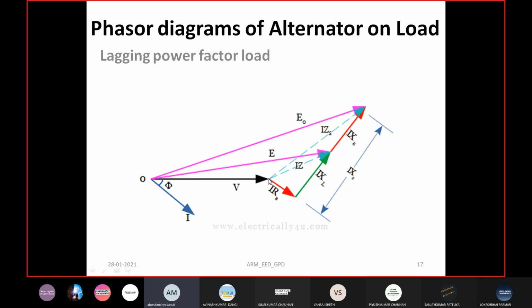This is the end of the voltage phasor, so we add this IARA drop at the end of the voltage phasor in the direction of the armature current. So this is the IARA drop, the armature ohmic drop.